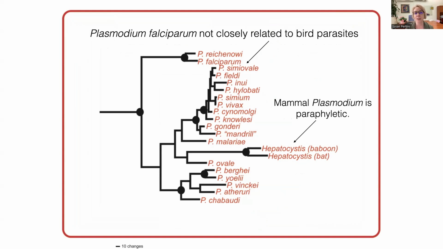Its closest relative was Plasmodium reichenowi, which was sampled out of chimpanzees, so not likely a recent horizontal transfer from birds. The other thing that was interesting, though, was that Hepatocystis, this unique genus for a lot of morphological and life history reasons, was falling within the mammalian Plasmodium clade, so rendering that clade paraphyletic.